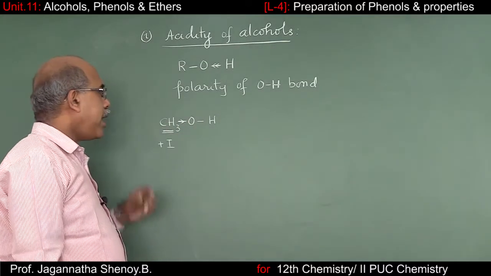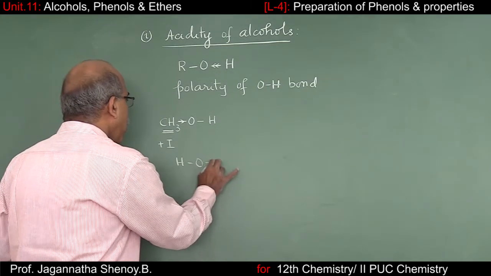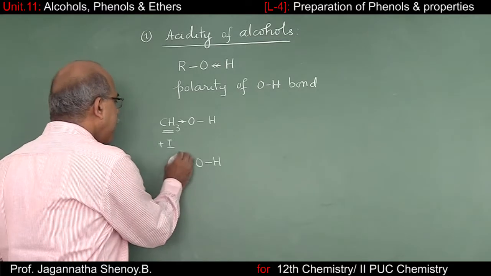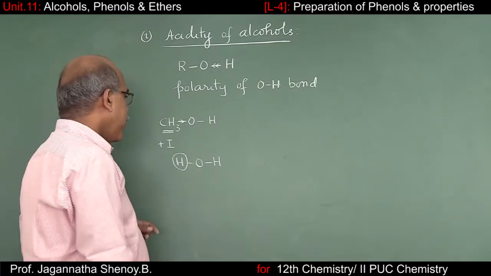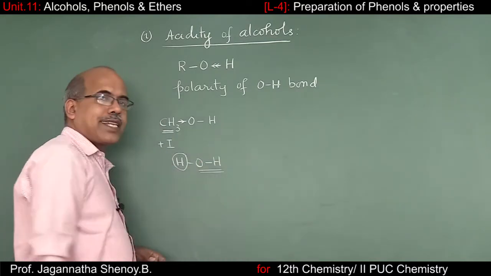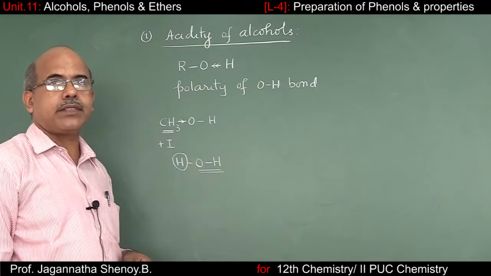Now, if I compare methanol with water, it is HOH. You know that this hydrogen atom is neither plus I nor minus I. That is why the polarity of the OH bond in case of water is greater than that in methanol.